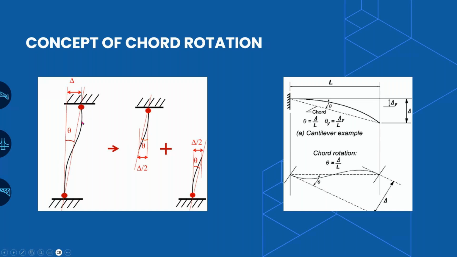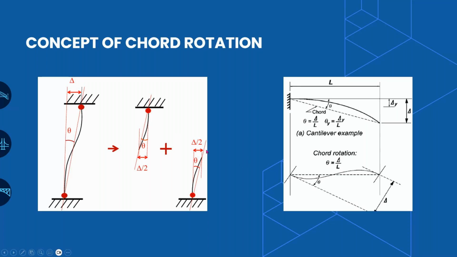So this is nothing but the drift that we could say. So the chord rotation in this case, that is theta, is nothing but total displacement or the relative displacement of the column divided by the total height of the column. And this can be divided in this form. So if you are going to consider that there is a similarity on the basis of the deformations that we are getting at the center, then in that case theta is nothing but delta by 2 divided by h by 2, which is nothing but delta by h again.